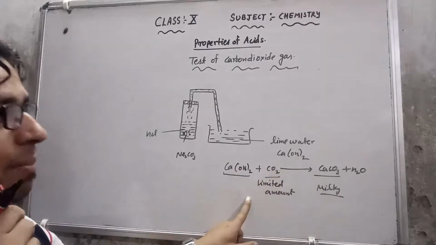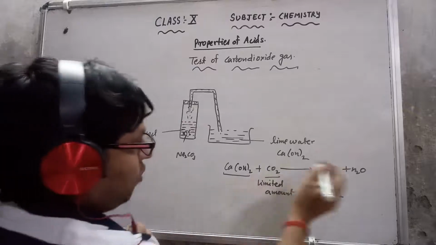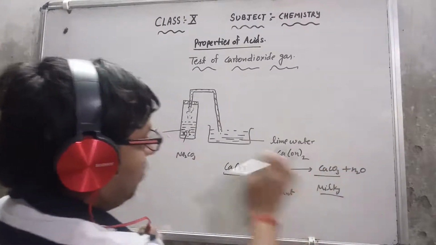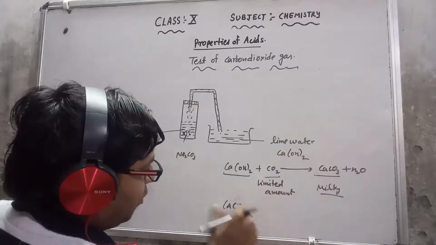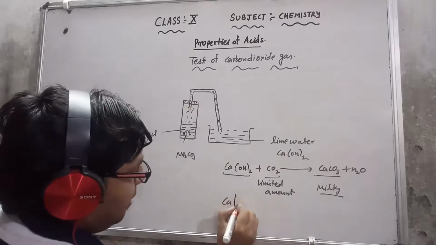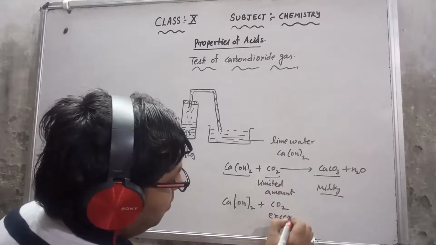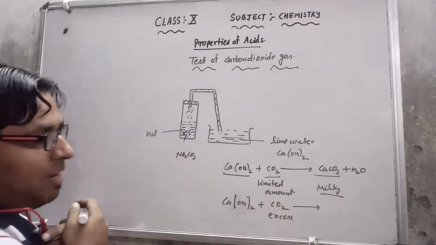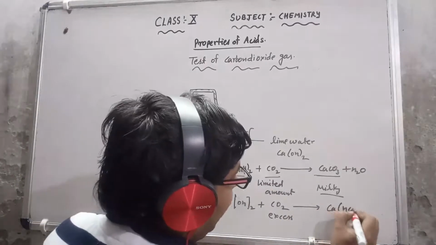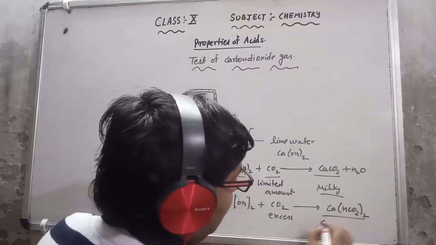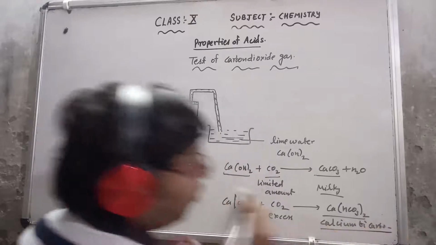But if the same carbon dioxide is passed in excess amount, then calcium carbonate, water and CO2 in excess, the milky color is going to disappear due to the formation of calcium bicarbonate, Ca(HCO3)2.